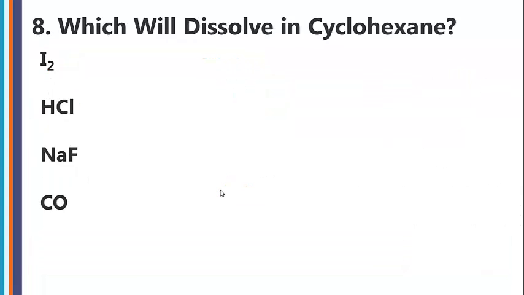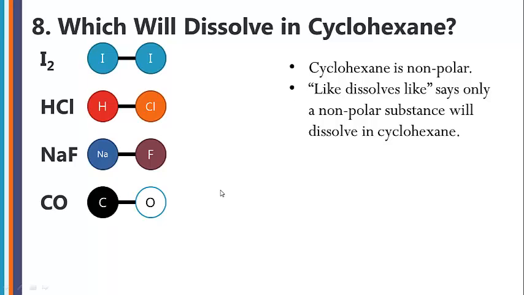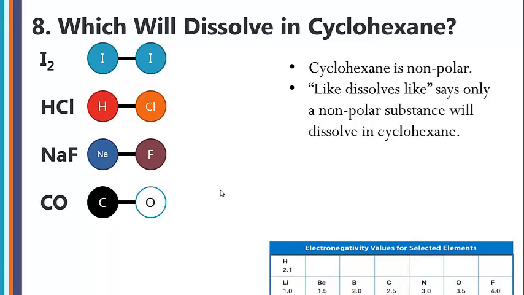Next question, which will dissolve in cyclohexane? This is where we're going to use the rule like dissolves like. If something is nonpolar, like cyclohexane, only something else that is nonpolar is going to be able to dissolve in it. So there's I2, HCl, NaF, and CO, carbon monoxide.